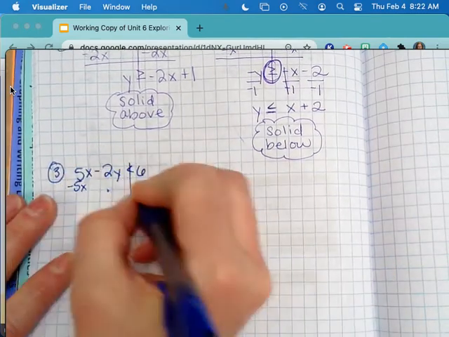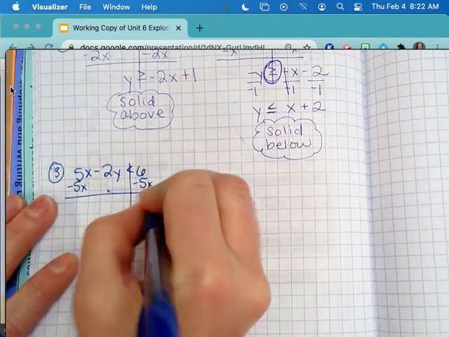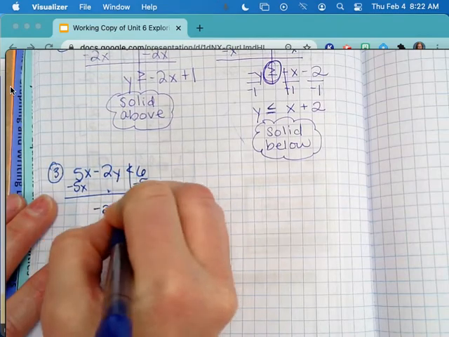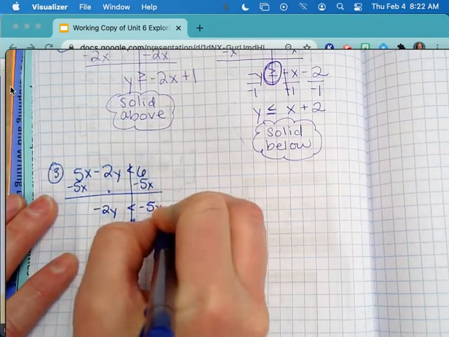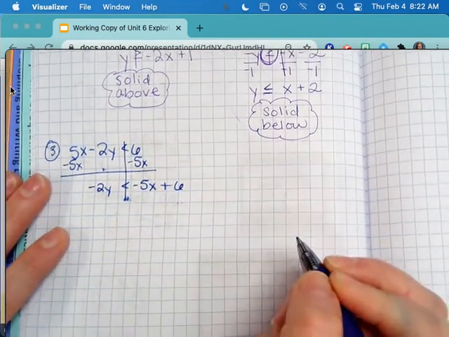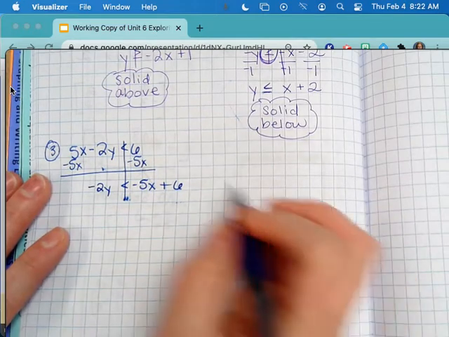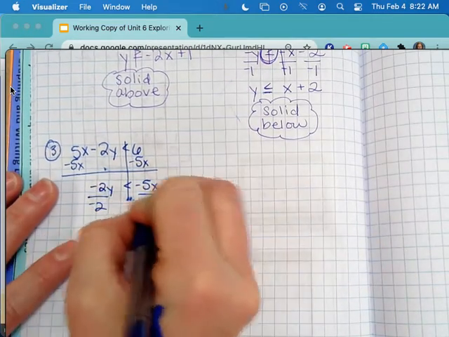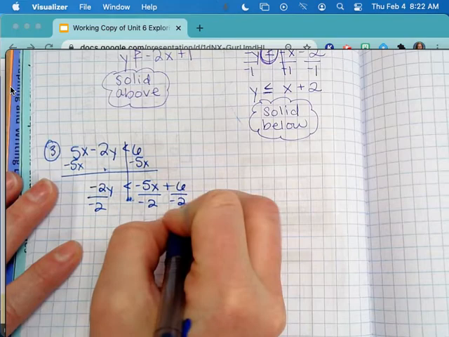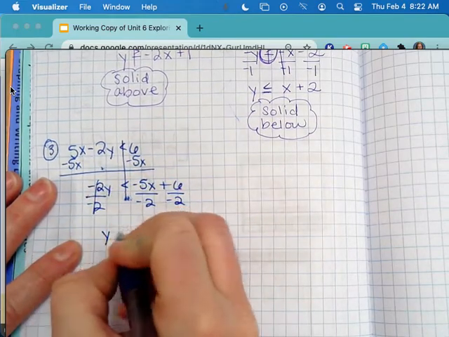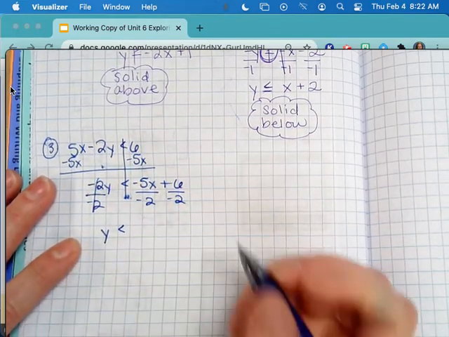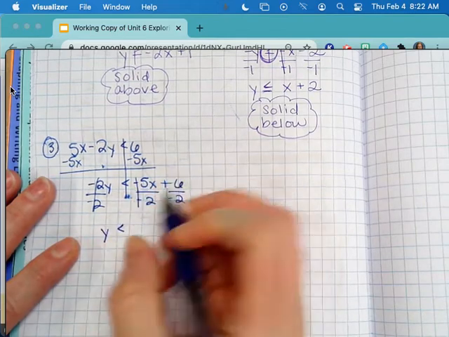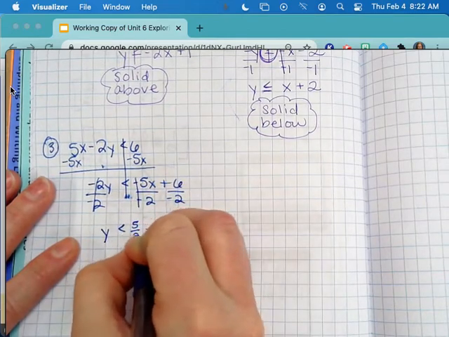Minus 5x, minus 5x. Negative 2y is less than negative 5x plus 6. So divide by the negative 2. So y is less than negative over negative becomes positive 5 over 2x.